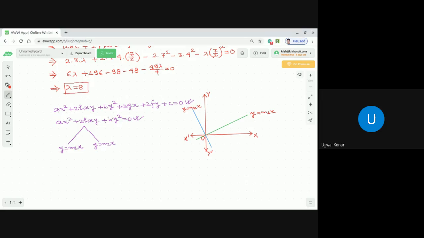Now, the pair of straight lines represented by ax square plus 2hxy plus by square plus 2gx plus 2fy plus c equal to 0 will be parallel to this pair of straight lines, but they are definitely not passing through the origin. So this pair of straight lines will look something like this: the green line is parallel to the green line and the blue line is parallel to this blue line.